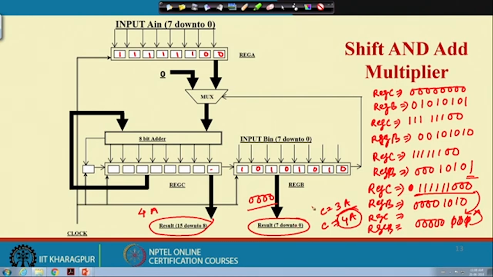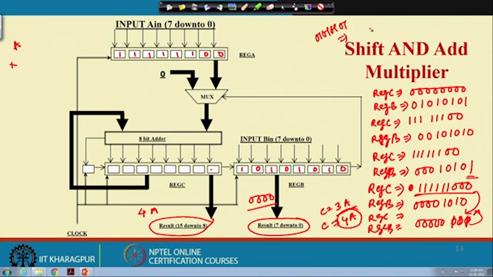Now, if I do it in another way, whenever I am multiplying, suppose this is A, I am multiplying with whatever the value of this is, 0 1 0 1 0 1 0 1.